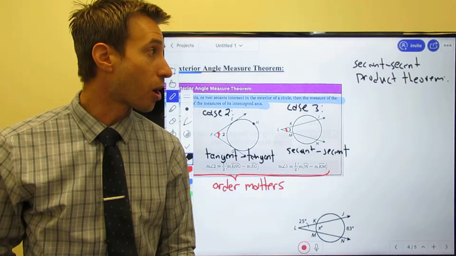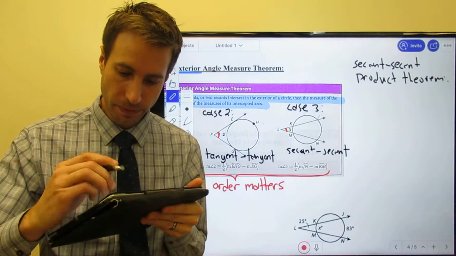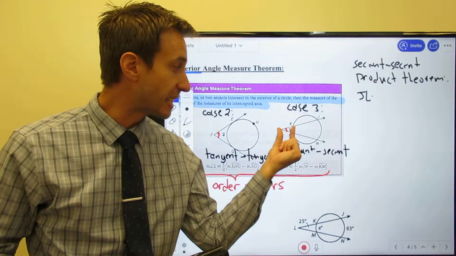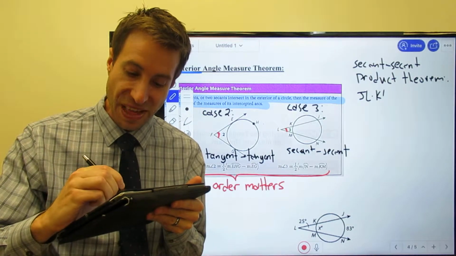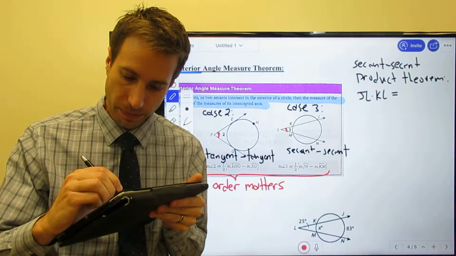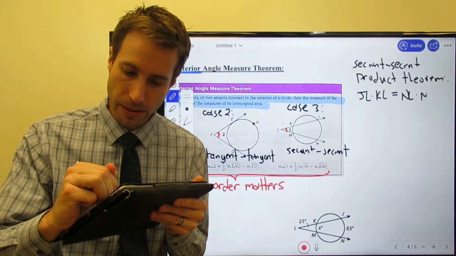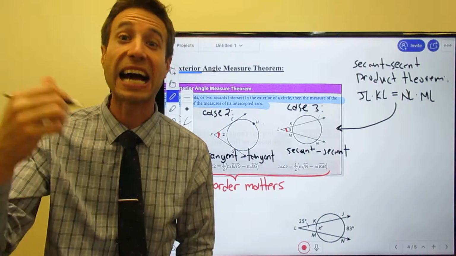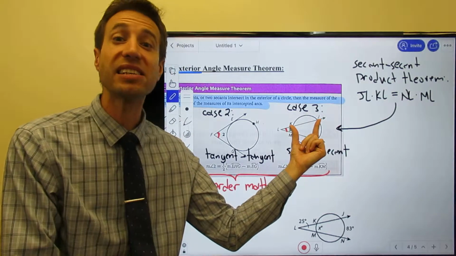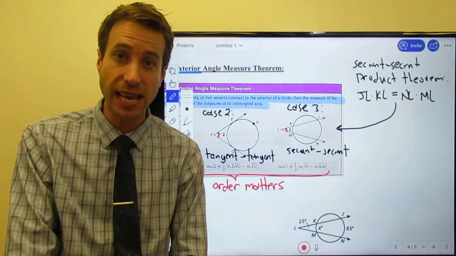The secant product theorem said this: you take the secant segment, JL, and multiply it by its external secant segment, KL, and that has to be equal to the secant segment, NL, times its external secant segment, ML. So in the last section, if I give you this diagram and ask you to find a missing segment measure, you use the secant product theorem to find that missing segment.